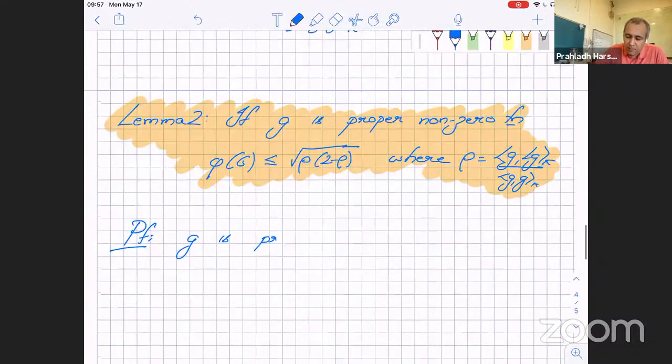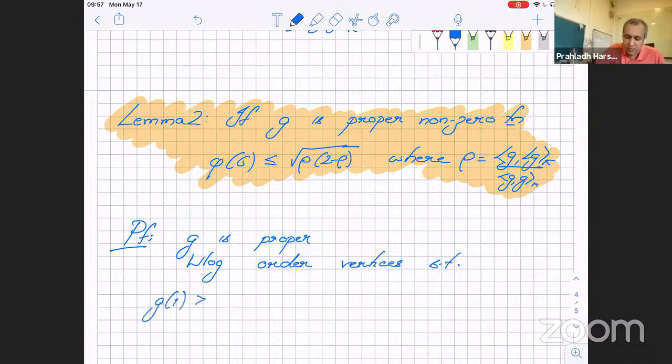So if G is proper, we know that it's a non-negative function. It's either positive or zero, and the weight of the positive ones is at most half. So without loss of generality, let's order the vertices such that G1 is the largest value, then G2, and so on up to Gs, which is greater than 0.